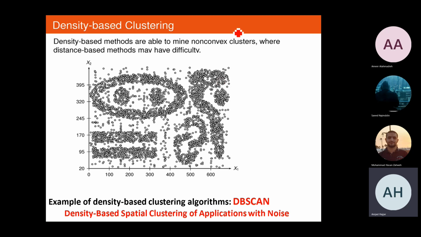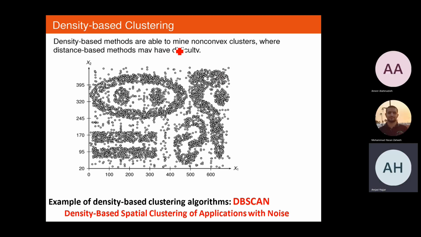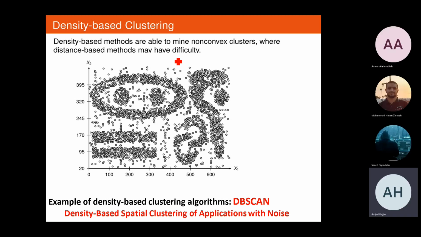Density-based clustering methods are able to mine non-convex clusters, where distance-based methods may have difficulty. In fact, distance-based methods usually detect only convex clusters, whether EM or k-means, or even agglomerative clustering based on distances.